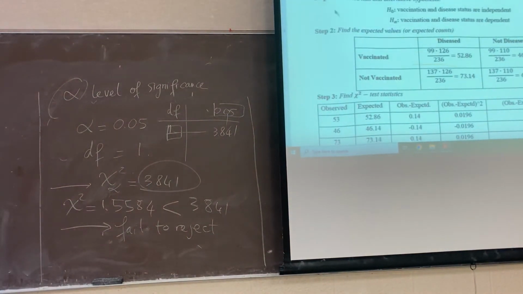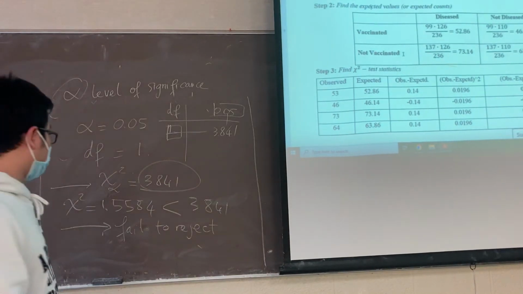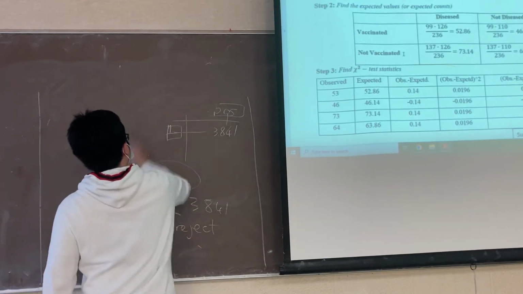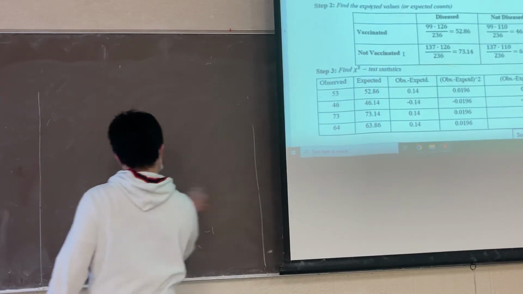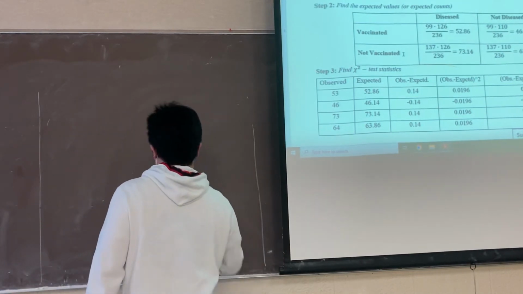Step 2, find the expected value or expected count. How to do this? I will show you. When you do the expected count, you will calculate using the table method.